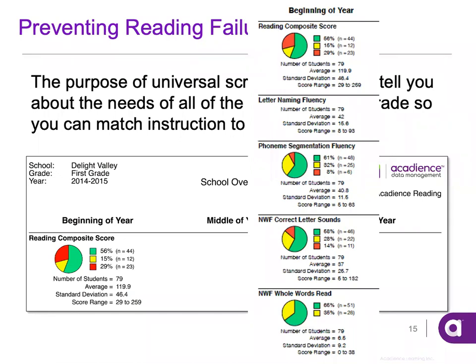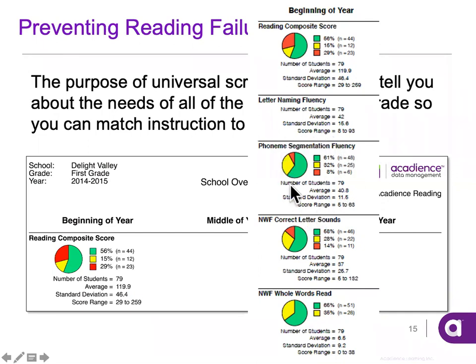I don't need a teacher to refer an individual student. I already know from this beginning of year screening that first grade has an issue that needs to be addressed around teaching phonemic awareness. We can't assume, like we might have in the past, that all first graders are coming in with this skill, because here we are faced with it in the data at the beginning of the year.